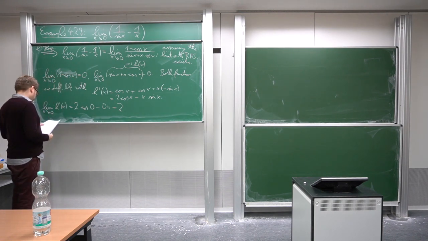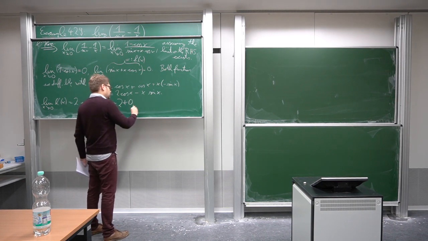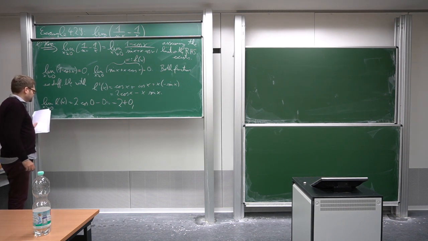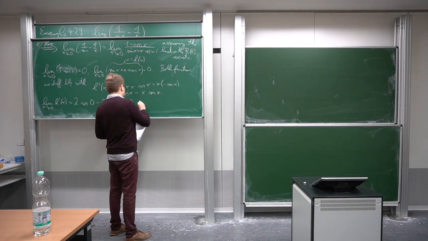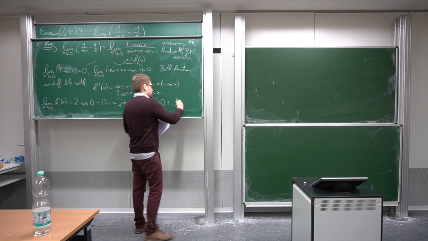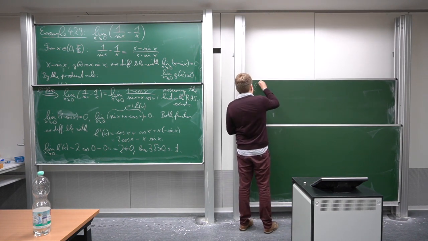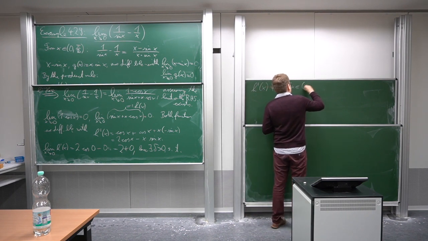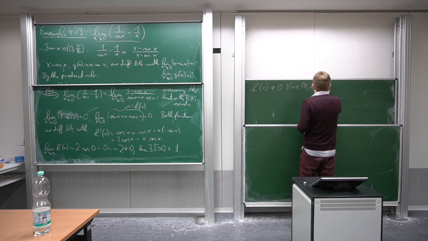Since the limit is non-zero, close to 0 the function itself has to be non-zero. Hence there is some delta bigger than 0 such that h prime of x is non-zero for all x between 0 and delta, so in this open interval. So we're in the position to apply L'Hopital.